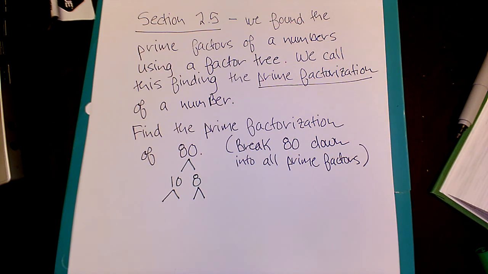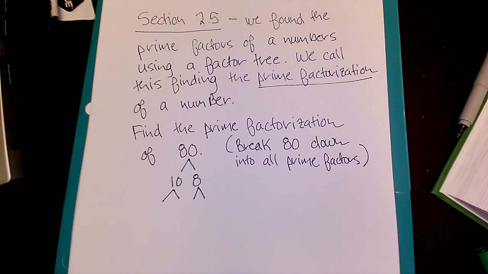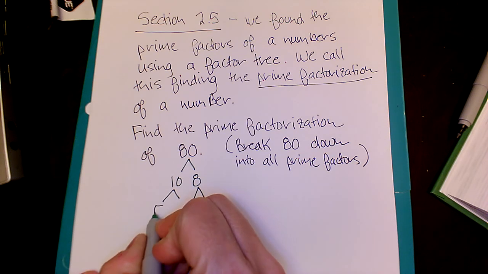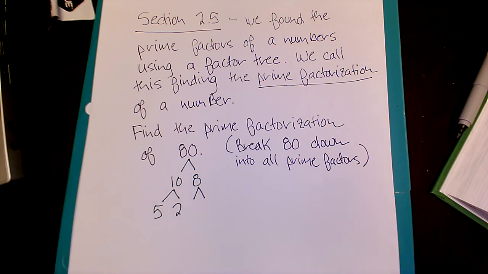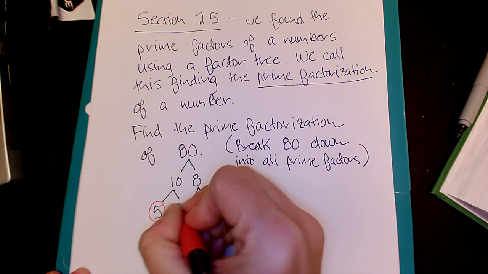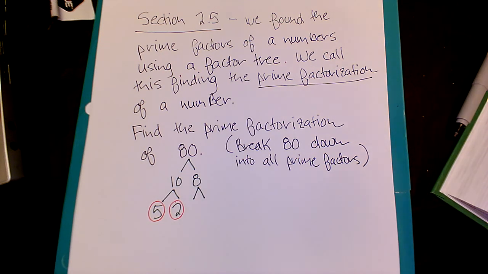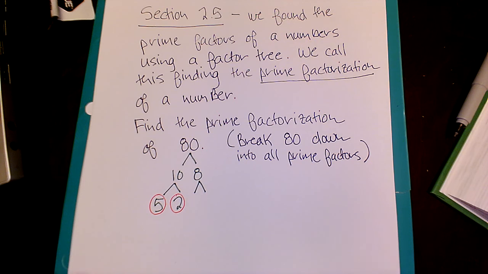So I need two numbers or two factors that when I multiply them will get me to 10, and I can only think of 5 times 2. Okay? And are 5 or 2 prime? Well, they are, so I'm going to circle them, because that's going to help me at the end.